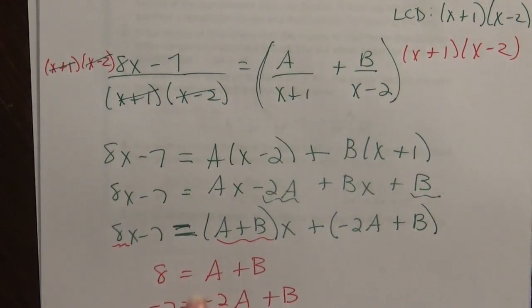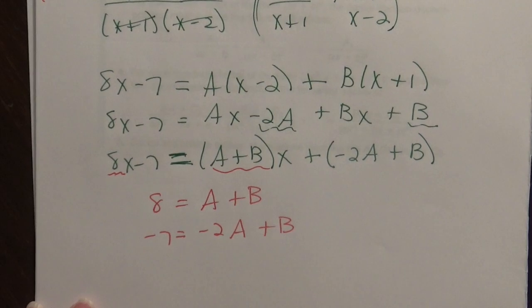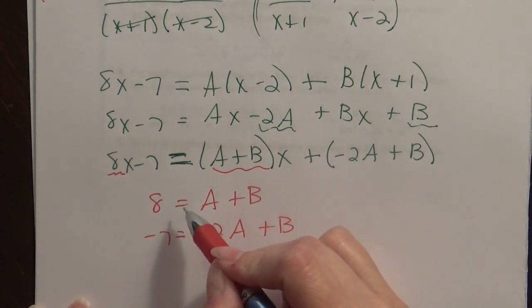If we look at what we have here in red, that should look familiar to you. We have just created a system of equations like we studied in section 8.1. You can solve a system of equations by using either the substitution method or the addition method. So if you want to do the substitution method, you can take that first equation.